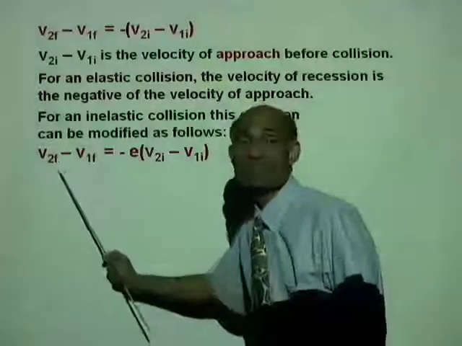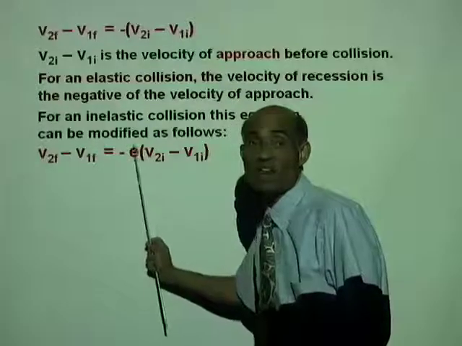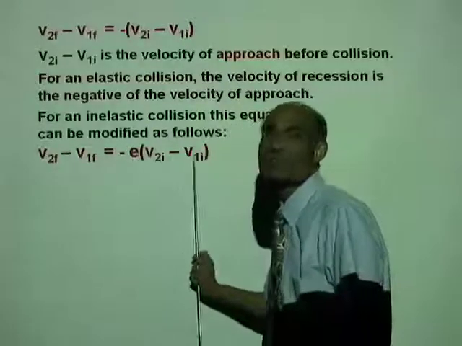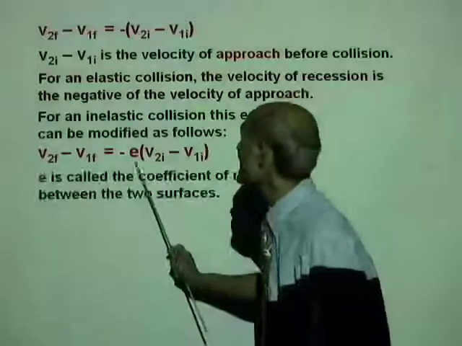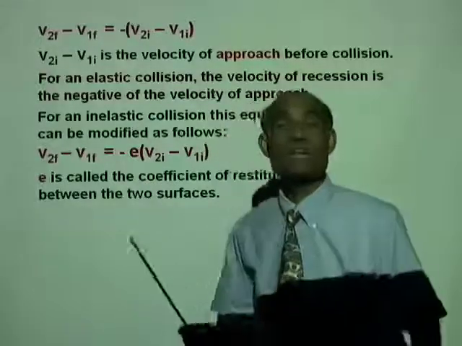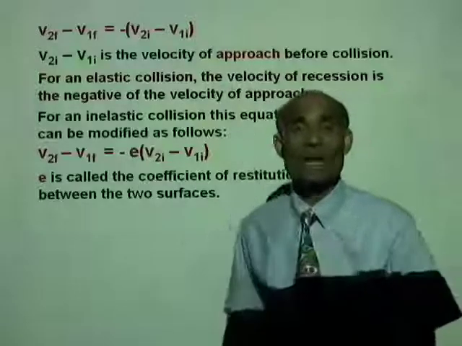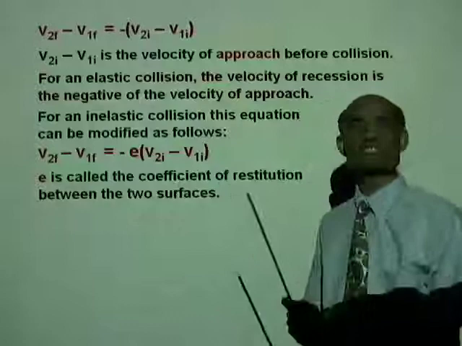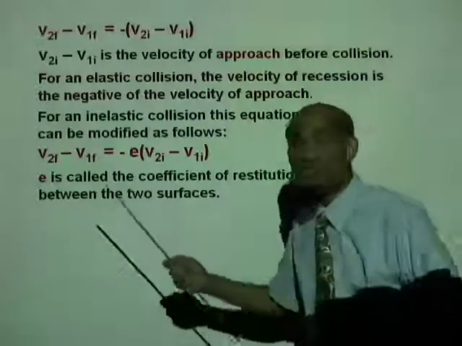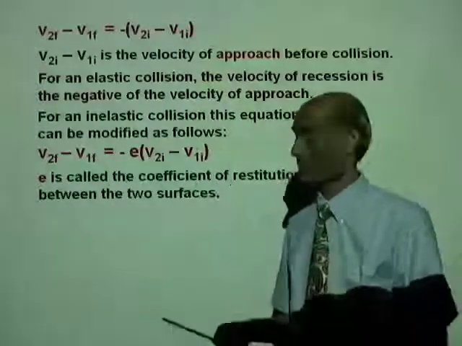The velocity of recession is the negative of a constant times the velocity of approach. And this e has a great meaning in objects colliding. e is called the coefficient of restitution between the two colliding objects.